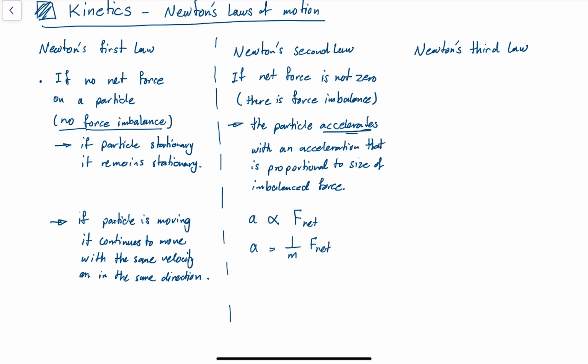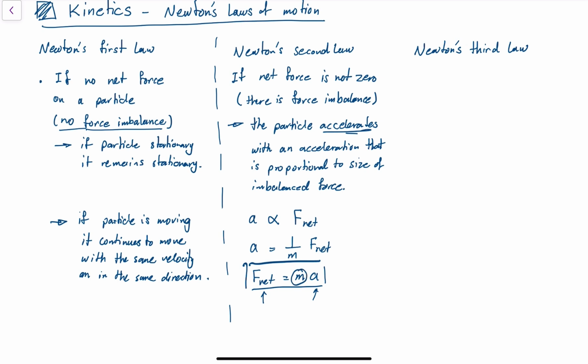Or finally, the form that we are all familiar with, F net equals mass times acceleration. This is Newton's second law, relating the acceleration of a particle to the total or net force, or imbalance of forces, acting on it.